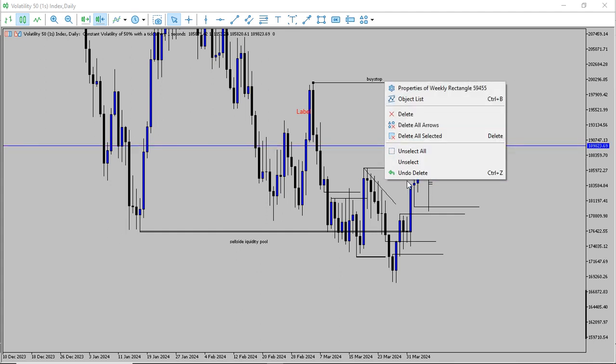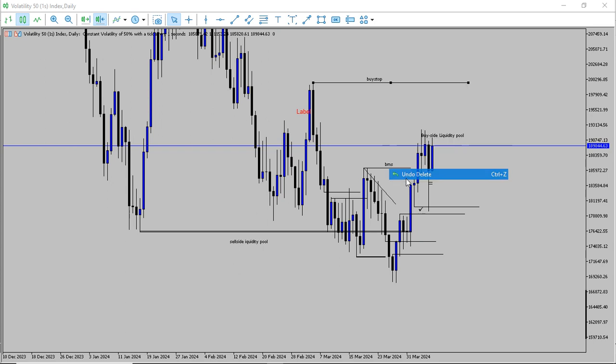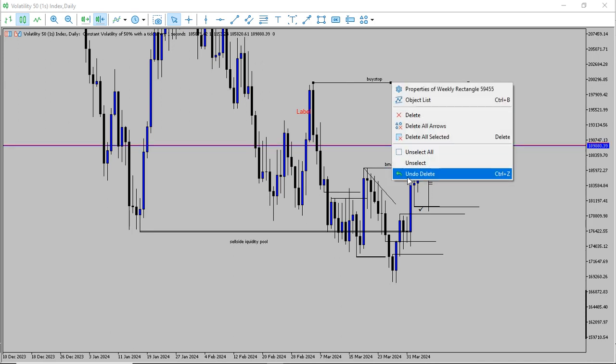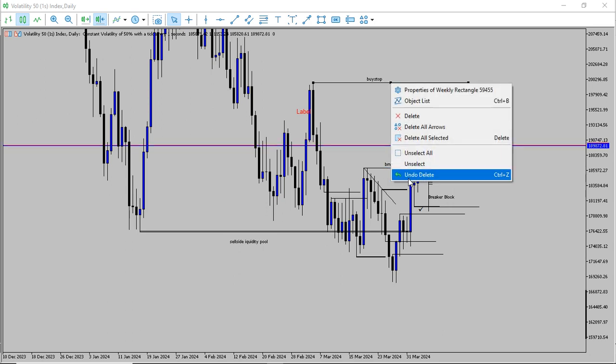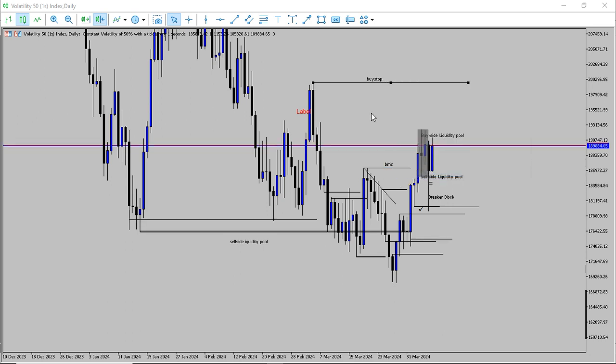Undo all the deleting. Sorry, I'm taking your time, but I have to. I shouldn't have undone my deleting; I should have deleted the stuff. Pardon me. I just wanted to show you guys something, all the analysis I did. I will still delete some stuff that is not necessary, so stay with me, all right?